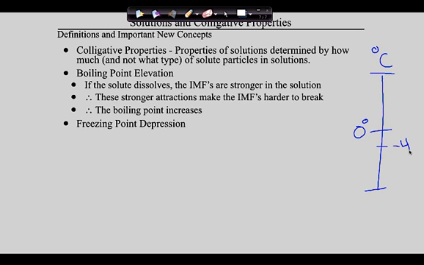If we could take the freezing point of water and drive it down to like -10, now -4 is no longer below the freezing point and the water stays liquid and that's fine. So guys, that's actually why we put salt on our roads, it decreases the freezing point of the water so that it can get colder without the water freezing.